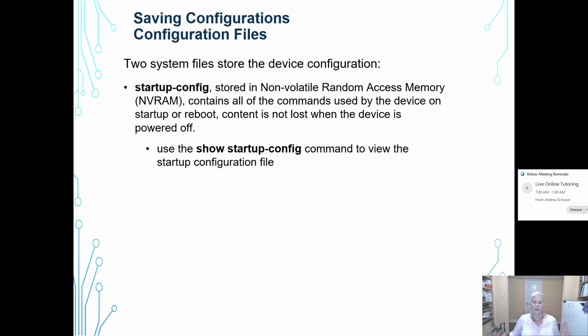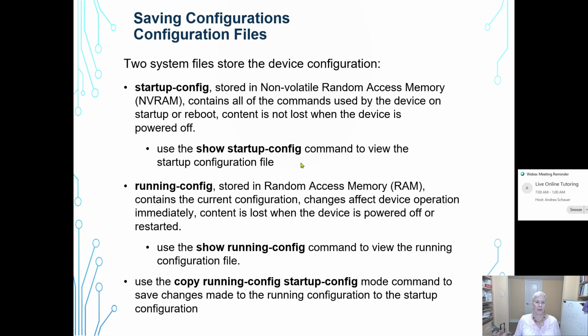It contains all of the commands used by the device on startup or when it gets booted. When you go into a device, there will already be some basic things done and set up. That is the startup configuration. In order to see the startup configuration, from privileged exec mode, you would type show startup-config.